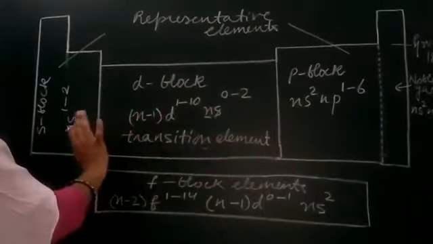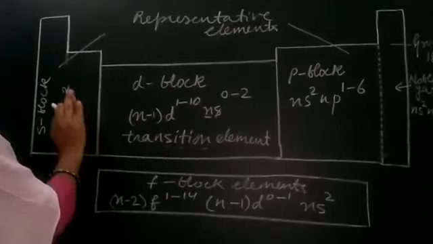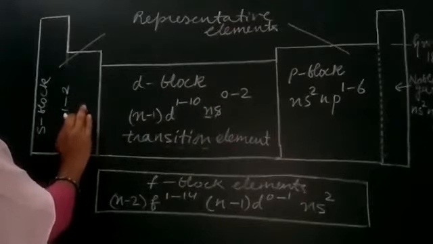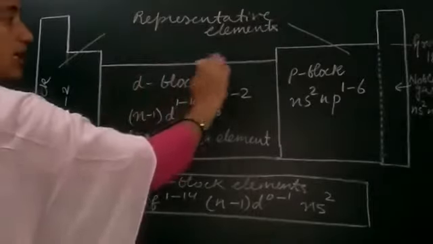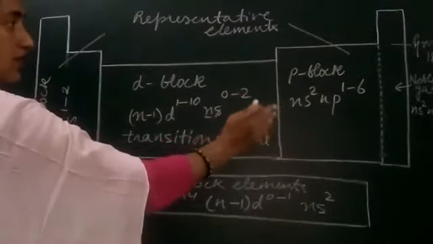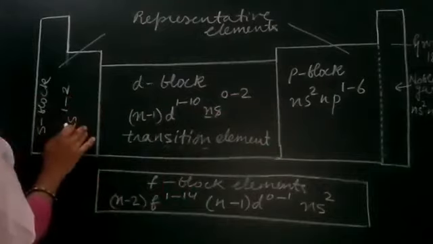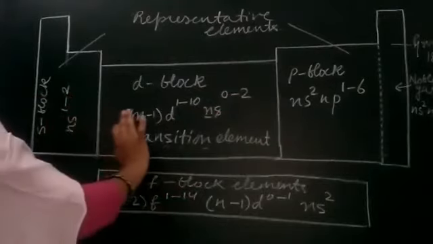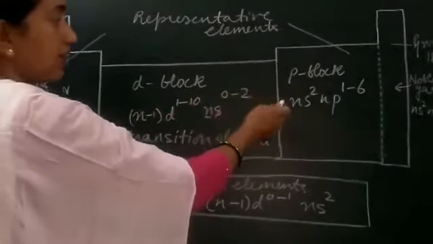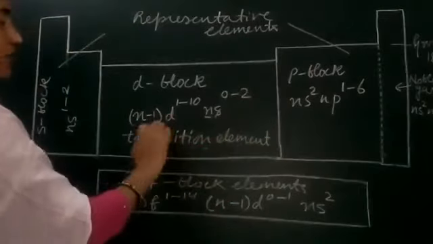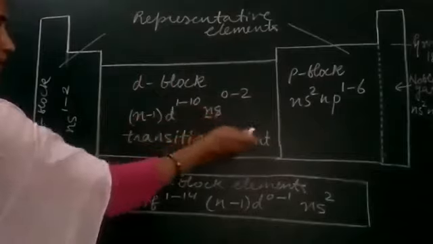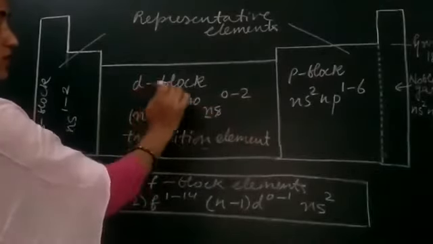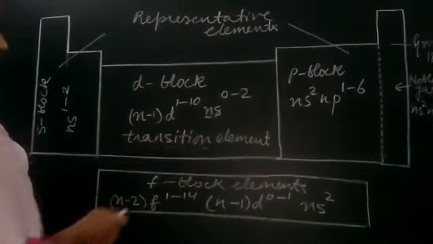It is a transition from the s block elements, that is the electropositive elements, to the less electropositive elements, or we can say more reactive elements to comparatively less reactive elements. So this is a transition, a change from s to p, in the reactivity way. So these d block elements are called transition elements.